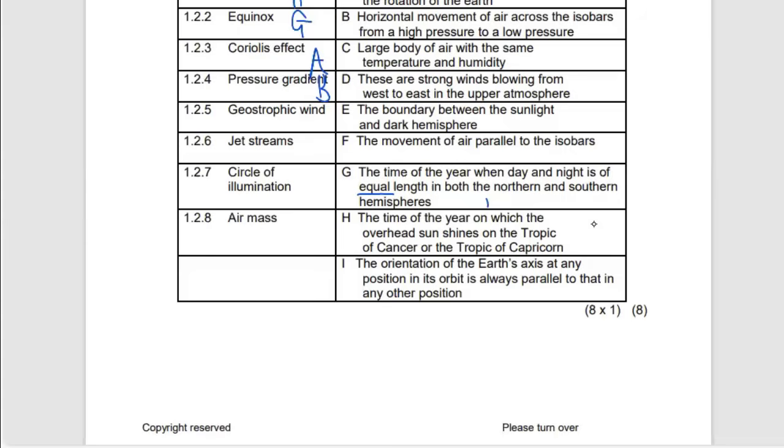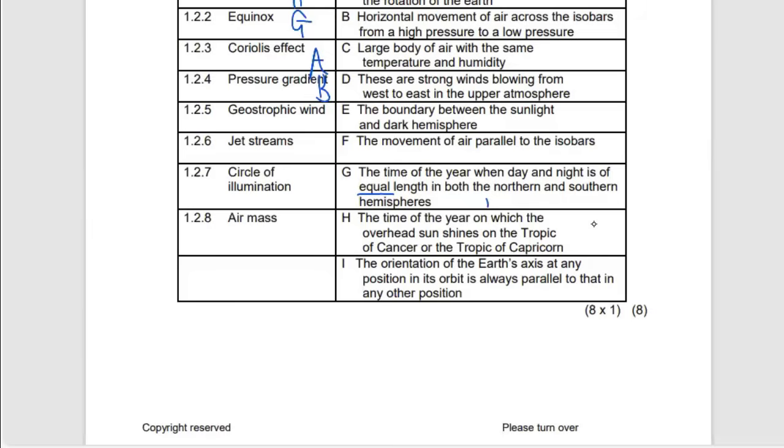Remember, when air is being driven by pressure gradient force, it cuts across the isobars, meaning to say it will be cutting from high to low pressure at right angles with the isobars. That's the suggestion of pressure gradient.